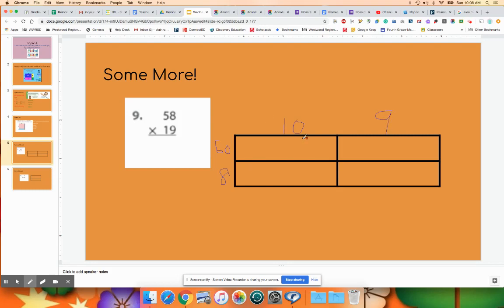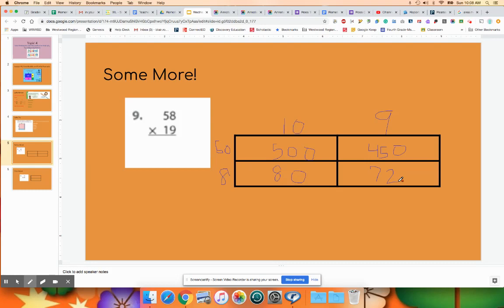So 50 times 10 is 500. 50 times 9 is 450. 8 times 10 is 80. And then 8 times 9 is 72. So boys and girls, remember, it's really important to know your multiplication facts, or else this is really going to become difficult for you.